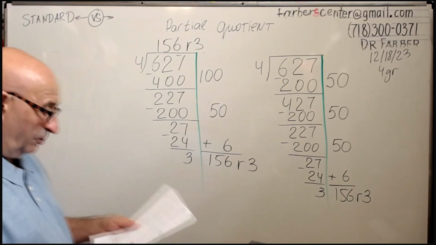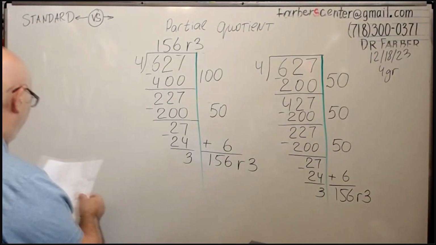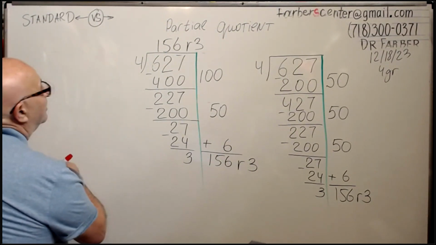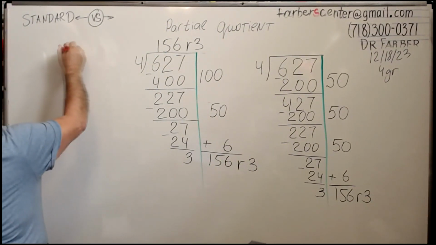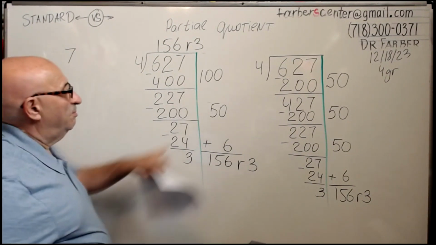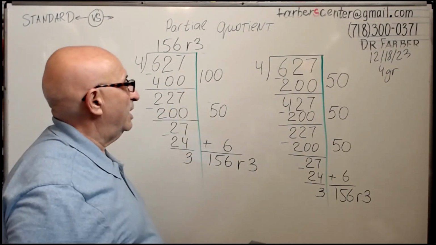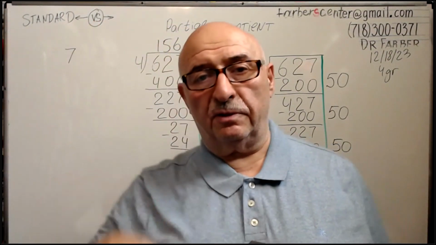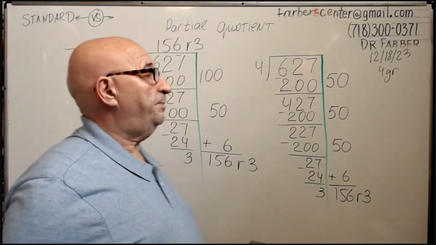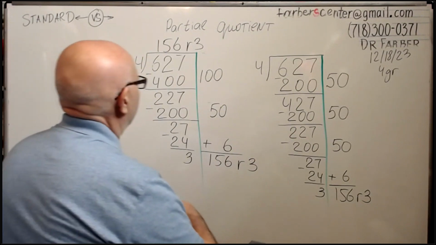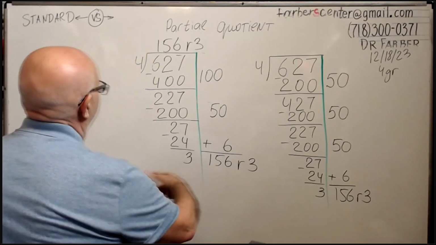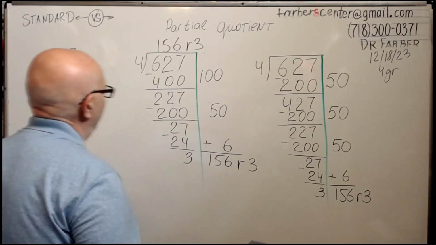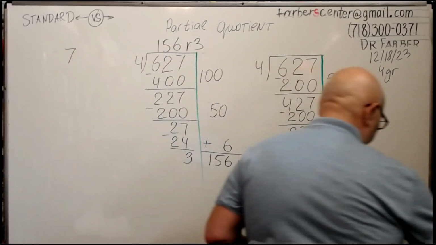I can even show you, for instance, 727. My suggestion at home: don't forget to check it using the standard way, every example like this, and your answer must be the same.